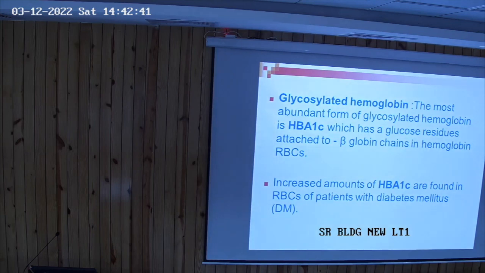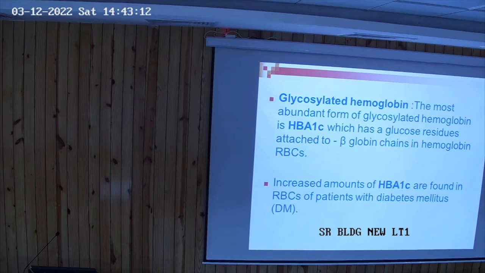Okay, in this chain the fragments of the chain bind with glucose. They show the tendency of binding glucose to this particular chain. So they are done routinely for investigation of prognosis or information regarding diabetes. Okay, the most abundant form of glycated hemoglobin is HbA1c, which has a glucose residue attached to the beta globin.